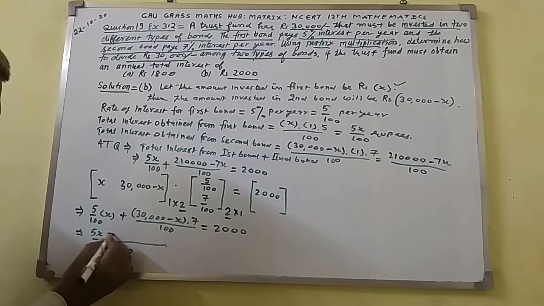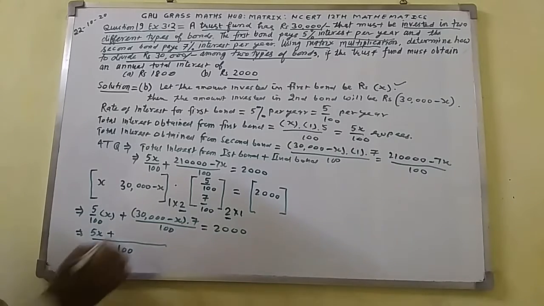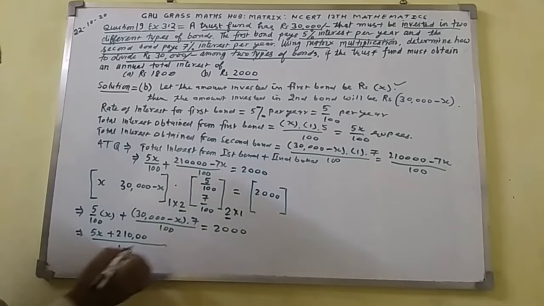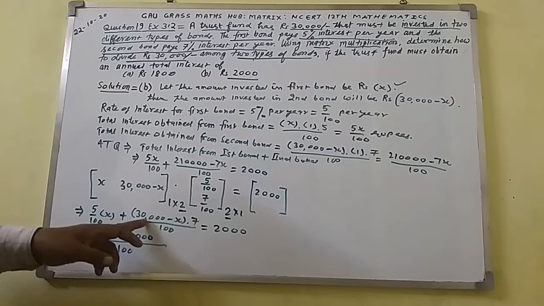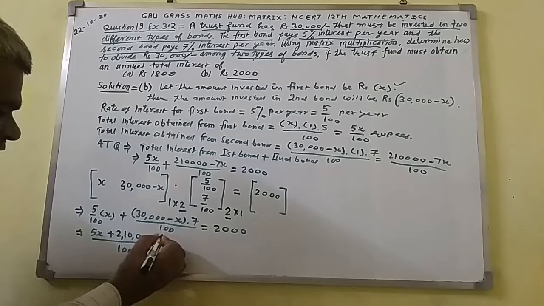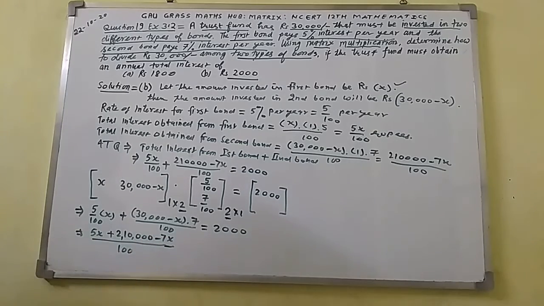You will get here 2,10,000. 7 3s are 21, 7 0s are 0, I have written it. This you can read very well, 2,10,000. Minus 7x I can write. Minus 7x. Whole over 100 it will be written.